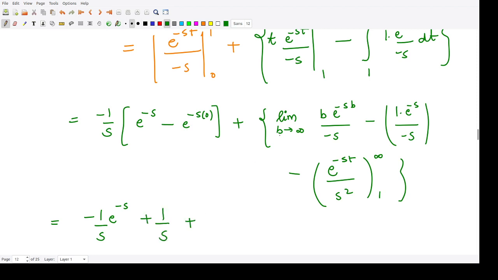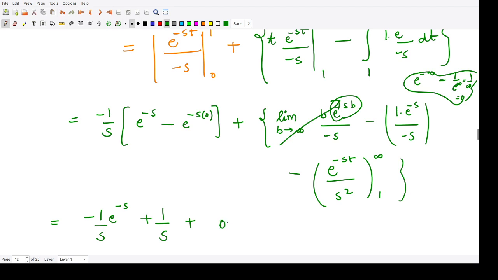Then when we substitute the limits here, because we have e to the power minus infinity, that means we would have 1 upon e to the power infinity, so it becomes 1 by infinity. That means this term would be 0, so this term won't be there.